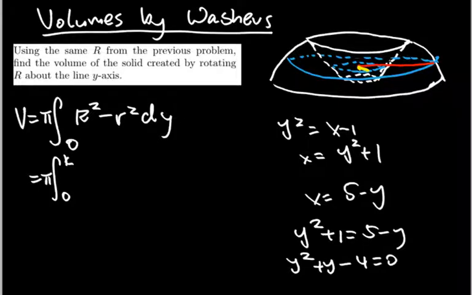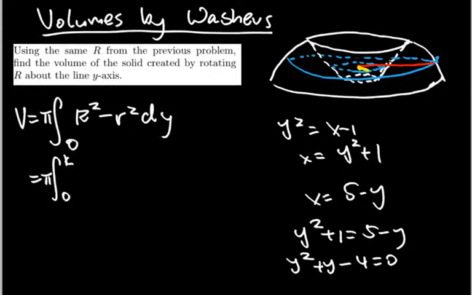So the big radius, in this case, looks like it's just going to be the curve, the big curve, so the square root curve, minus 0, and then the smaller radius is going to be the line minus 0. All right, simple enough.